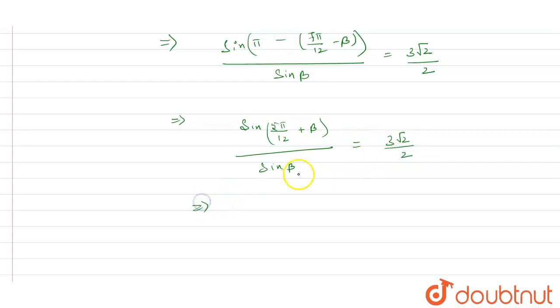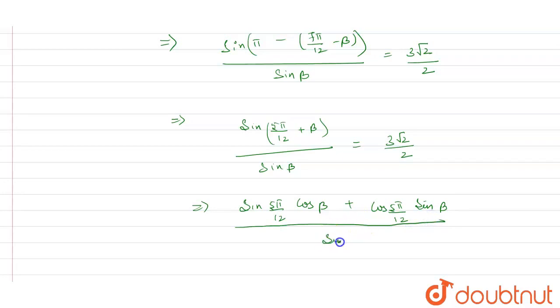This can further be solved as, we can use the identity of sin (A plus B), sin A cos B plus cos A sin B. So sin 5 pi by 12 cos beta plus cos 5 pi by 12 into sin beta, upon sin beta is equal to 3 root 2 by 2.